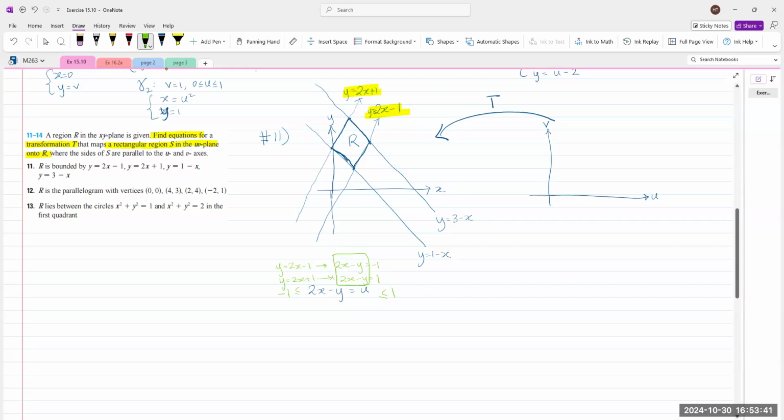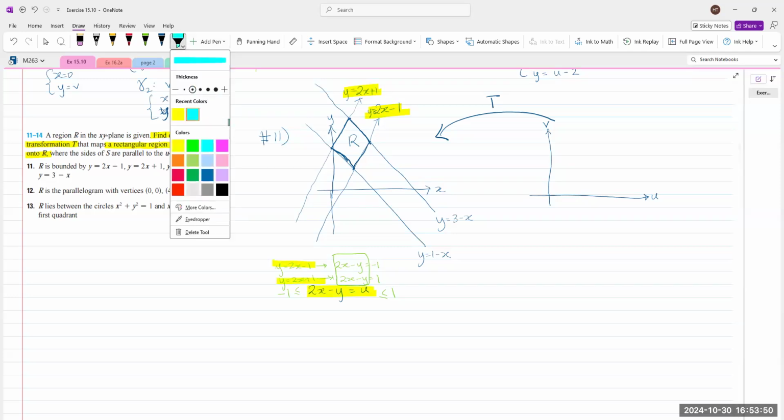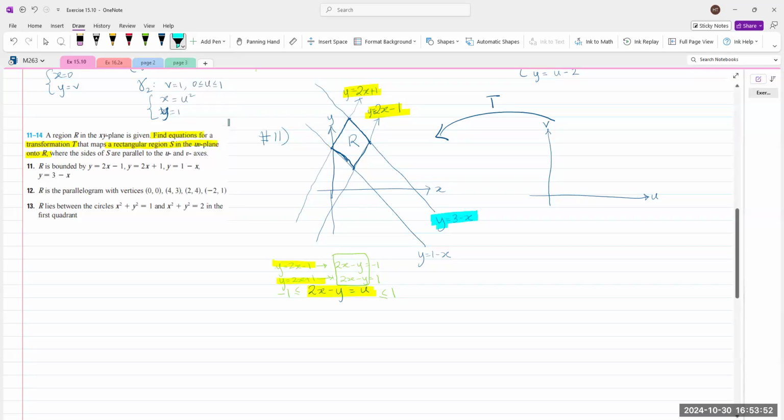Right? Now, likewise, let me mark that in yellow. And then the other one, I will mark in blue. Okay, do you see the pattern? If I use x plus y equals 1 and x plus y equals 3, you know what?